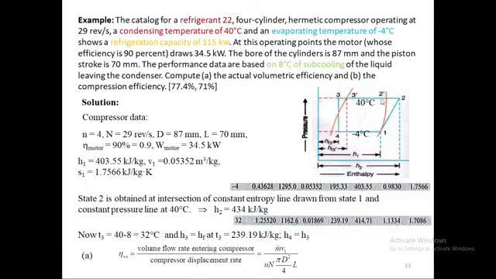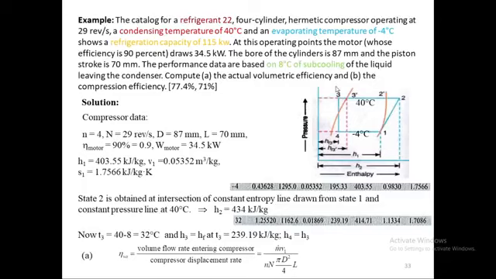When the condenser is cooling the refrigerant, it doesn't stop at the saturated liquid line. Instead it goes into subcooling, and the subcooling is 8 degrees. So if this is the 40 degree temperature line, then the subcooling goes up to the 32 degree temperature line. The temperature line goes from here all the way here and then this way, as you have known before.